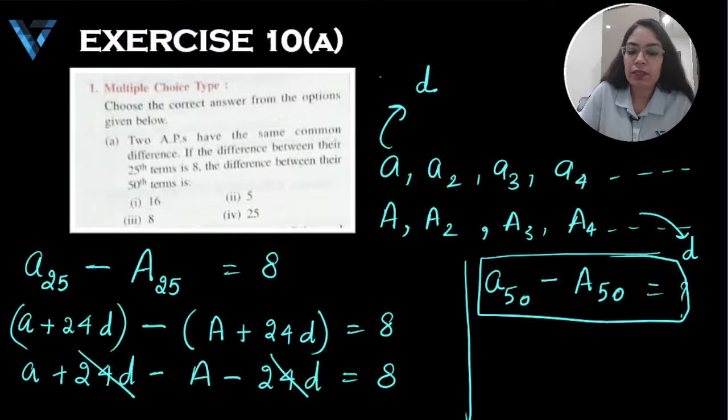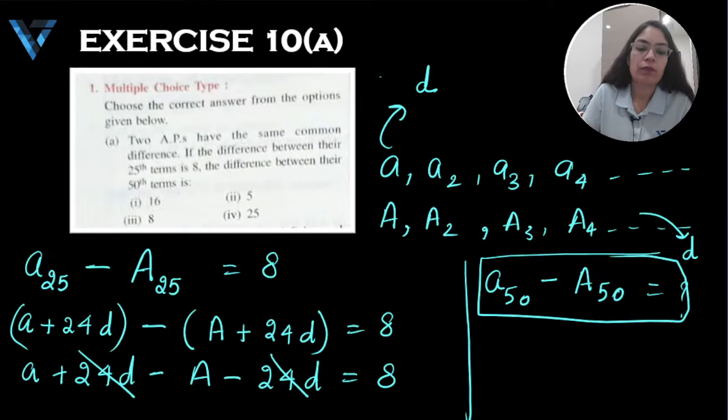I am getting small a, the first term of the first sequence, minus capital A, equal to 8. So the difference between their first terms is equal to 8. This thing we can use because we have to find the difference between the 50th terms.